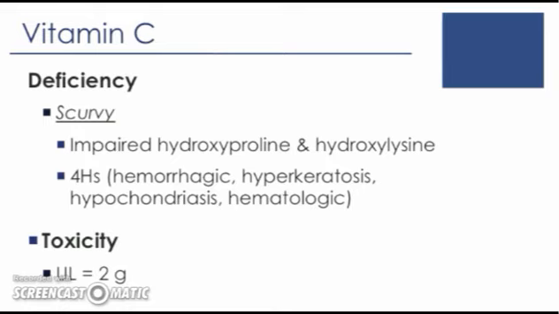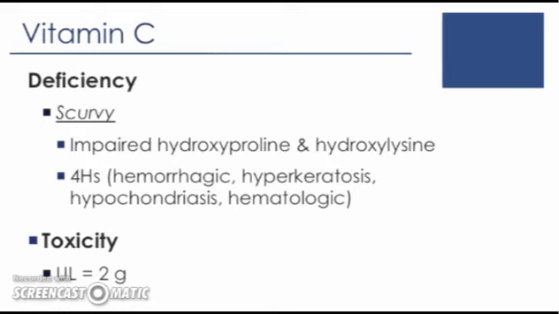The main deficiency condition is called scurvy, and we see that there is an impaired synthesis of hydroxyproline and hydroxylysine, which we saw were involved in collagen synthesis. These were intermediates of collagen synthesis, so the collagen synthesis process would be impaired with vitamin C deficiency.